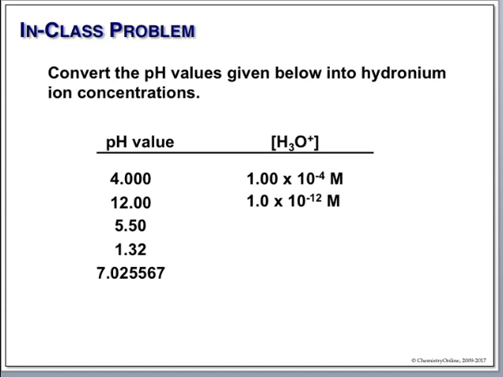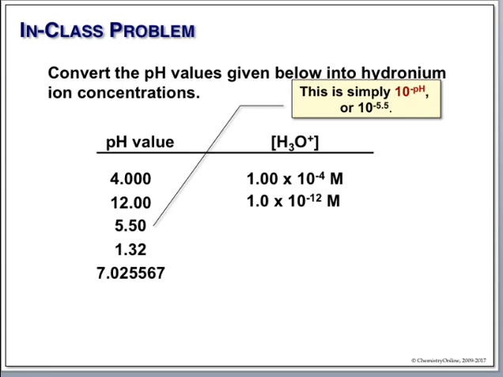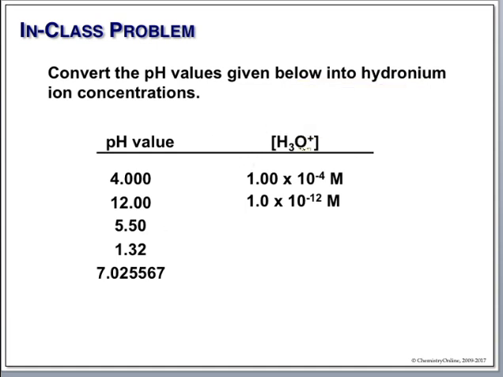Now you have to think a little bit more. pH of 5.5, you have to type in minus 5.5 on your calculator. Hit 10 to the x. 3.2 times 10 to the minus 6. A pH of 1.32.